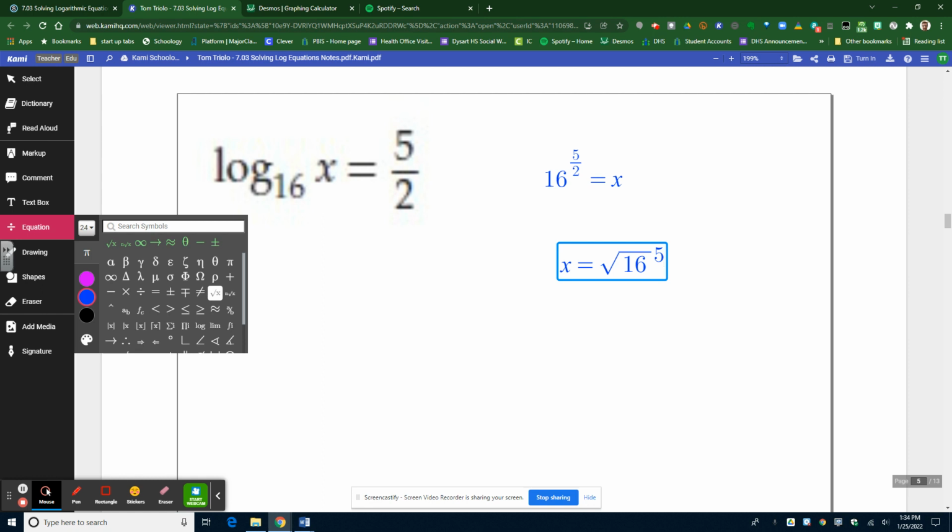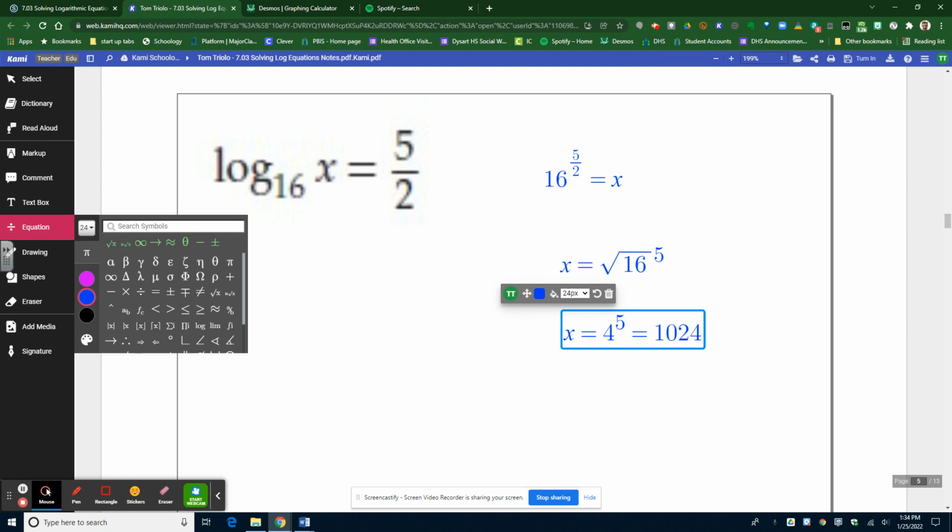Can I do this on the card? Yeah. Look at the second column. Go down and find the 16. Go to the left, you got 4. So that really, this is just x equals 4 to the fifth power. And I think we just did that, didn't we? That's 1024. Okay. So take fourth, go to the fifth column, and that's your answer.